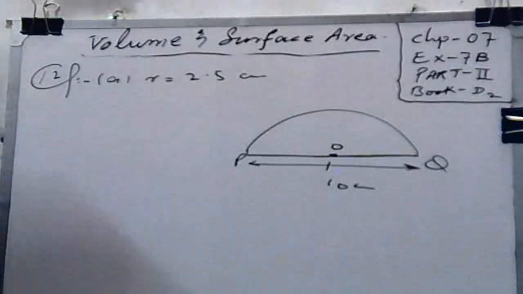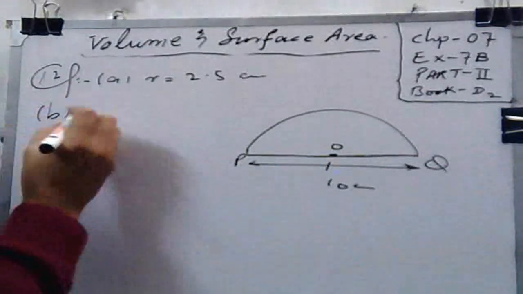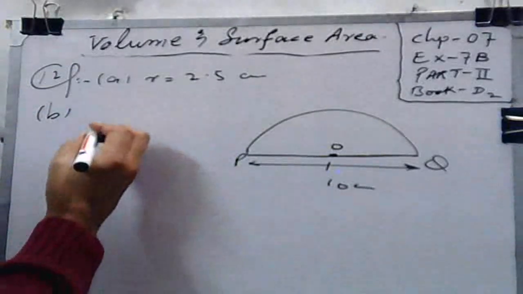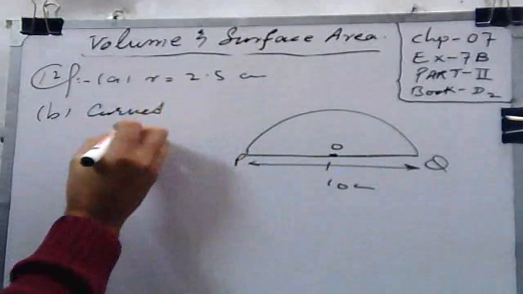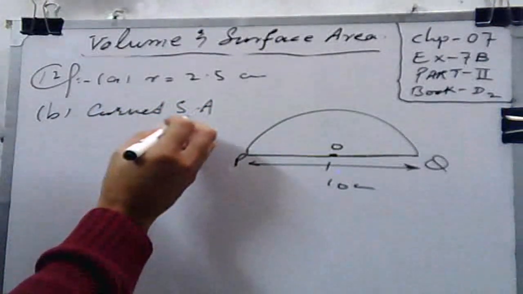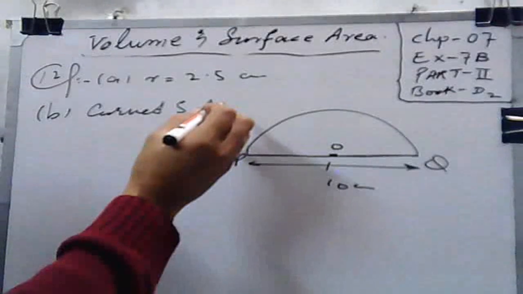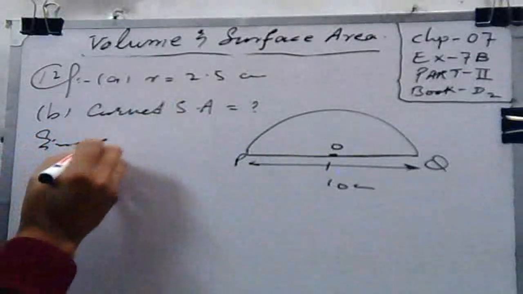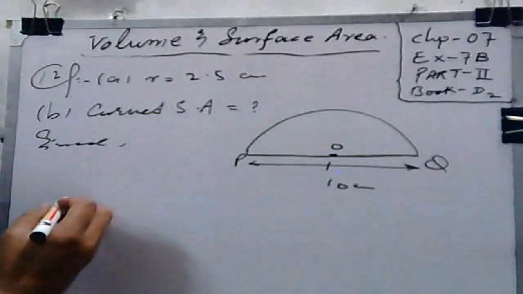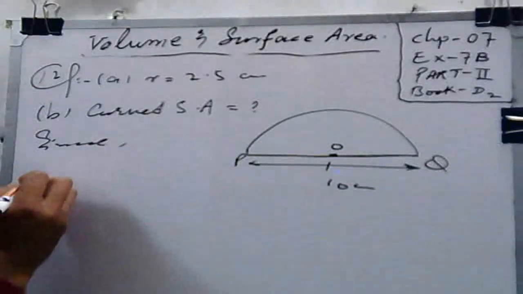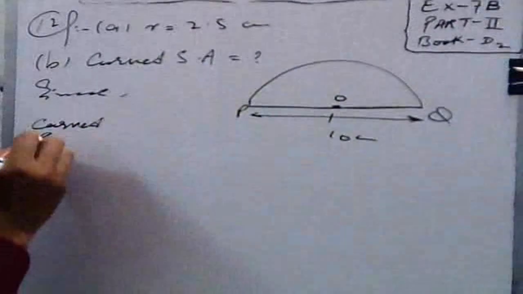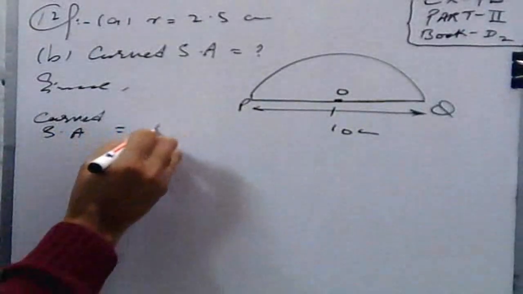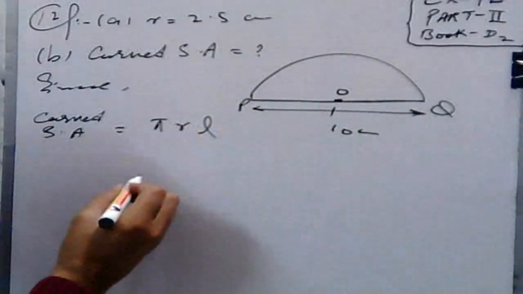Curved surface area of the cone is equal to pi r l.